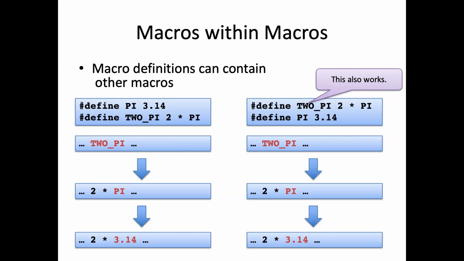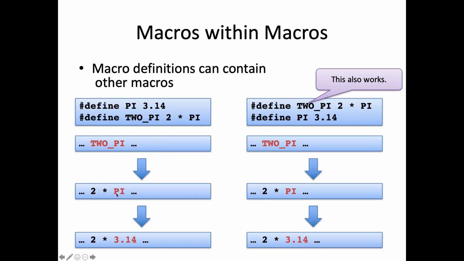Both of these will expand to the same thing because of how the preprocessor works. So if your source code included 2pi, it's going to say, oh, I've got a definition of 2pi. I just replace that by 2 times pi. So this will get replaced by its definition, 2 times pi. And then even after expansion, the preprocessor will look at its result and say, oh, there's another macro that got introduced.